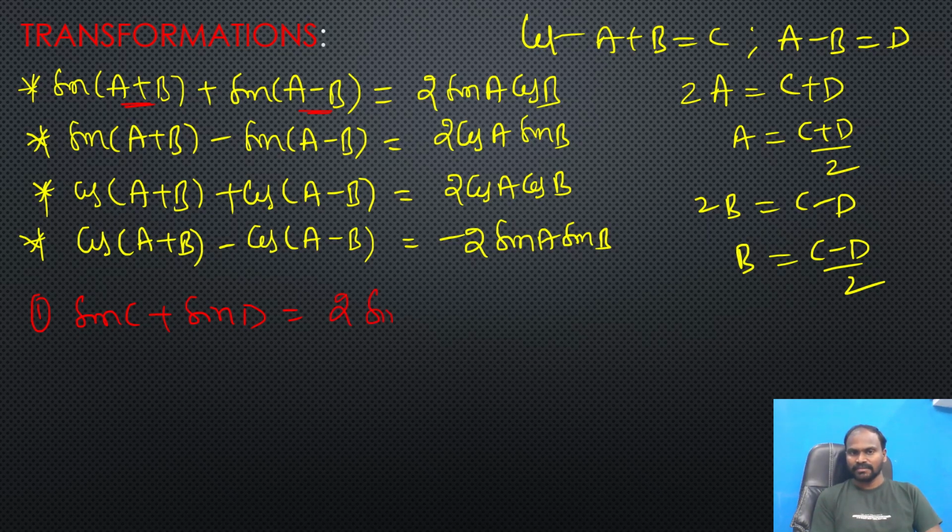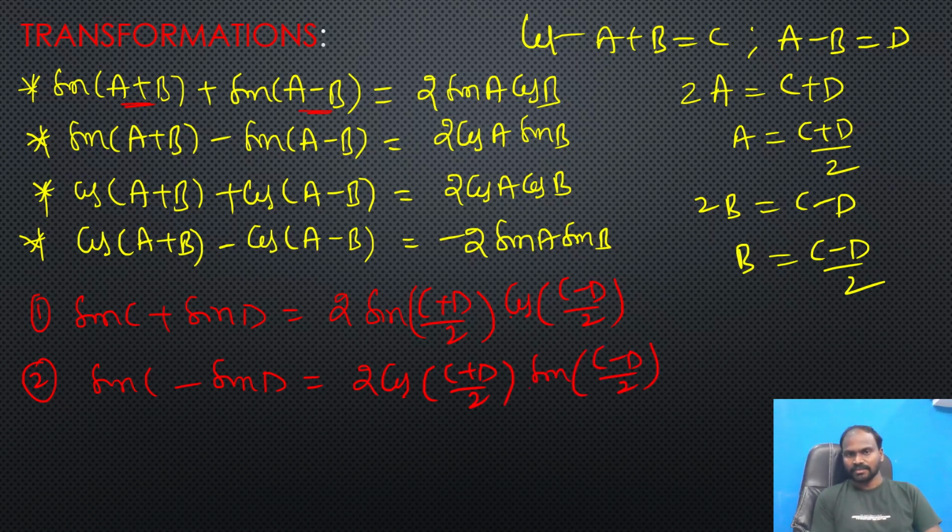Then 2 sin of c plus d by 2 into cos of c minus d by 2. Next, sin c minus sin d is equal to what? 2 cos of c plus d by 2 into sin of c minus d by 2. Next, cos c plus cos d.